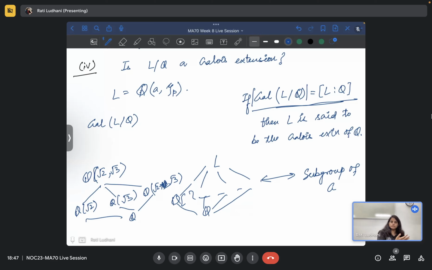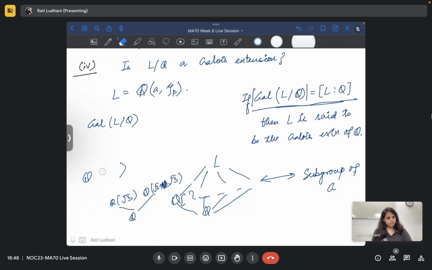But if we know the subgroups of G, then we can get the intermediate subfields. But that relation we have only when L is a Galois extension. If it is not, then there will be a problem, we have to try many things. But if it is a Galois extension, then we are in a good situation. So that's why I'm saying, let's check if it is a Galois extension or not. Okay, so let's see.